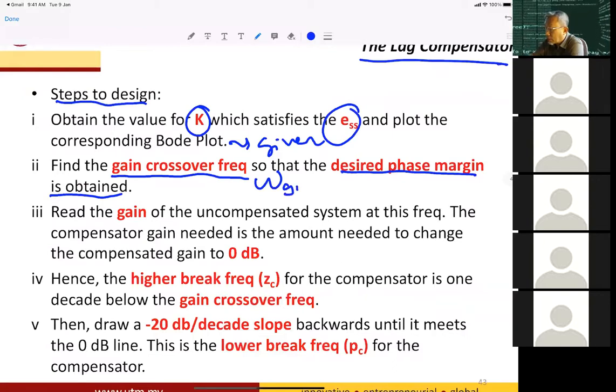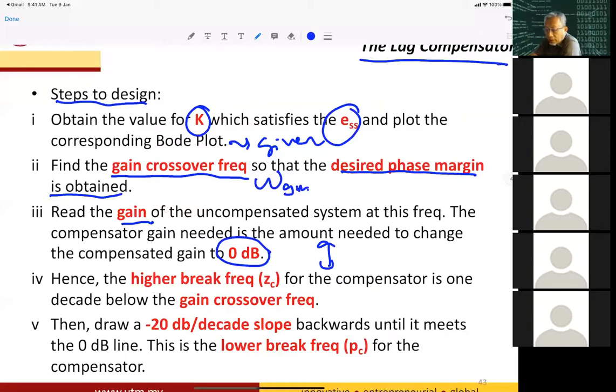Then rate the gain of the uncompensated system at this frequency. The compensated gain needed is the amount needed to change the gain to 0 decibels. So you have to calculate the amount in order to make the existing gain become 0 decibels.